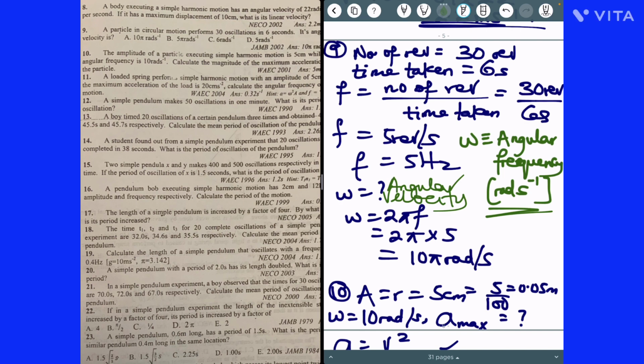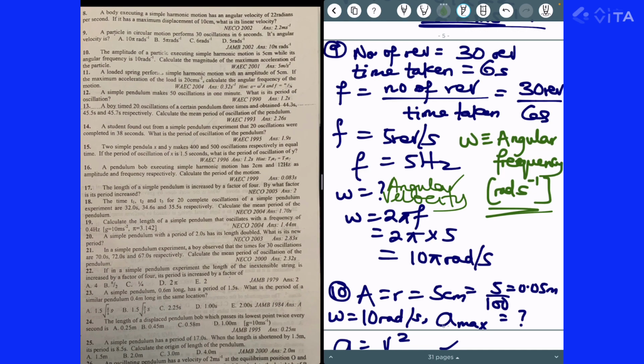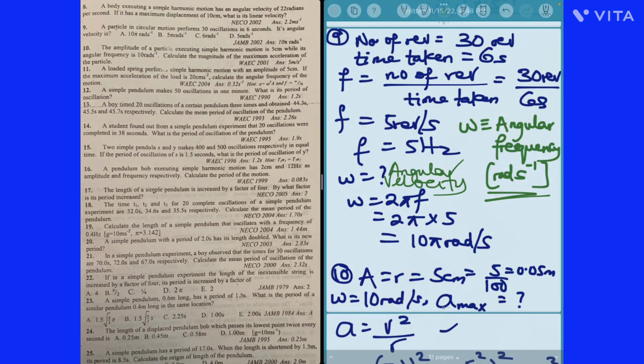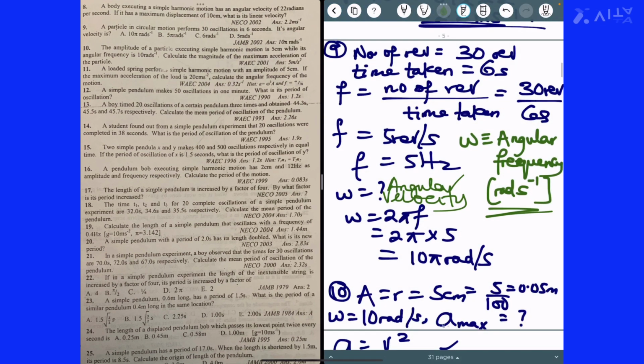So interchangeably, sometimes it's called angular frequency. Calculate the magnitude of the maximum acceleration of the particle. That's a simple question. Write down the radius of the oscillation, which is 5 centimeters. 5 over 100 will give you 0.05 meters. So W is 10 radians per second.